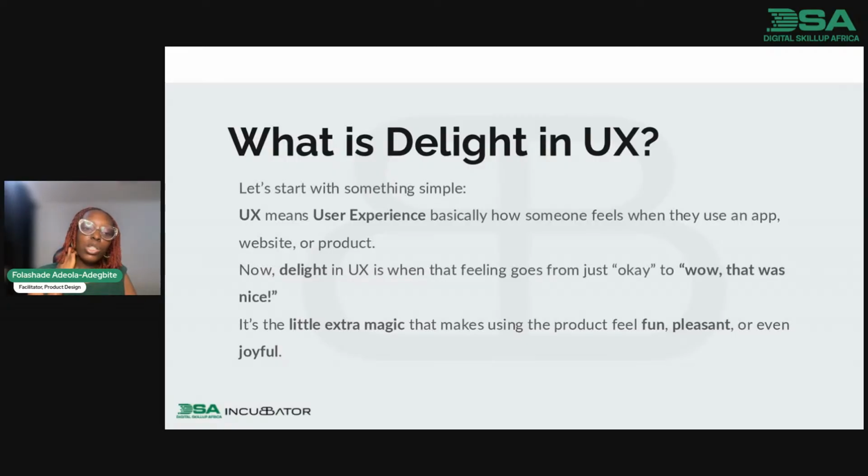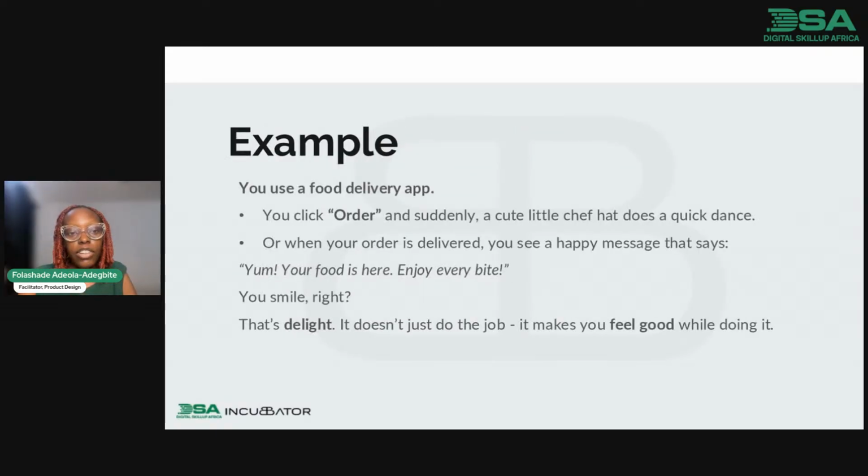So it's the little extra magic that makes using the product feel fun, pleasant, or even joyful. Right. So for example, let's use a food delivery app. You click order and suddenly a cute little chef does a quick dance.